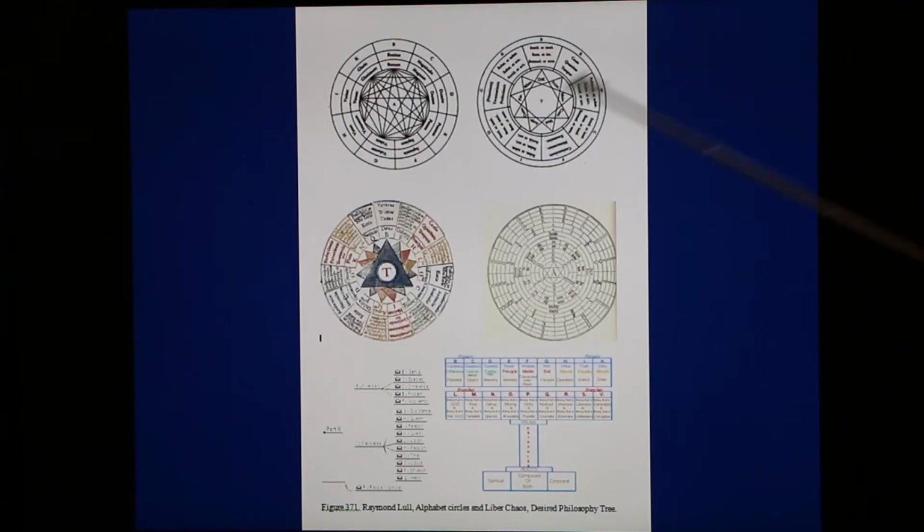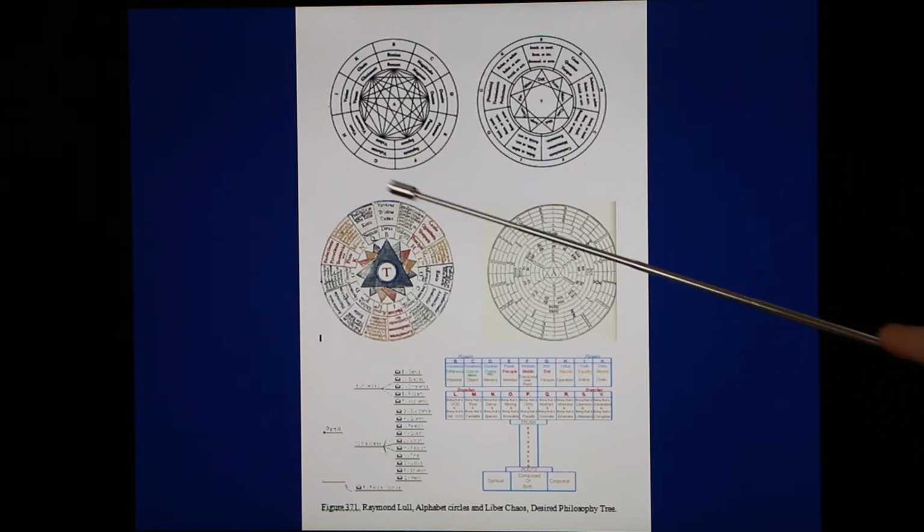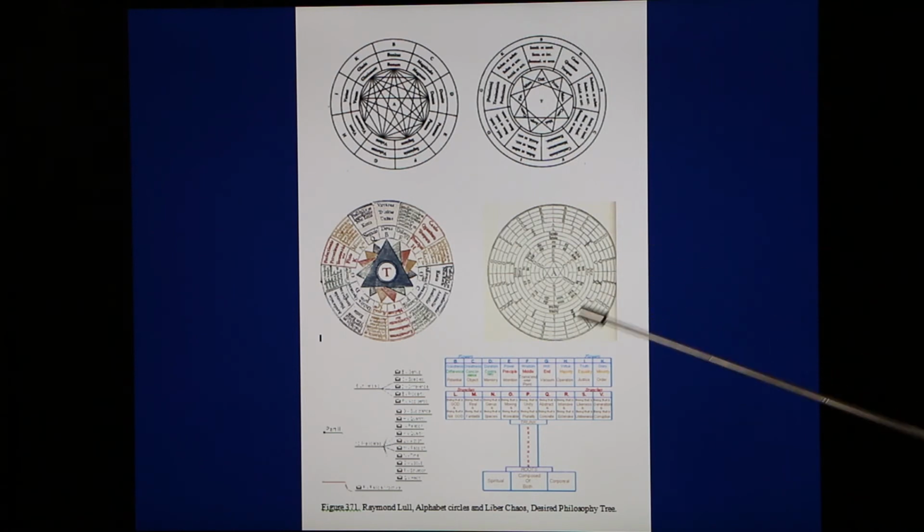So he takes a sphere, he has the basic letters, B, C, D, and so on. He links this with different concepts like goodness and so on. And then he has various kinds of these squares. And it's a very complicated system. We could easily have 26 lectures just on this.